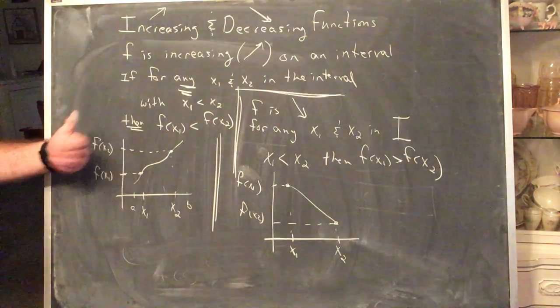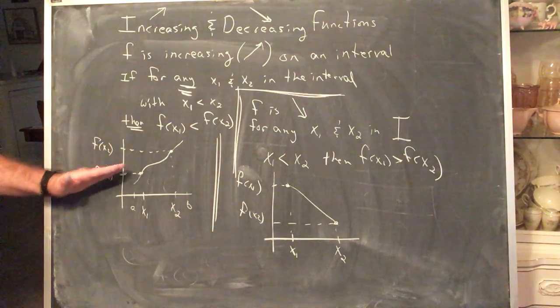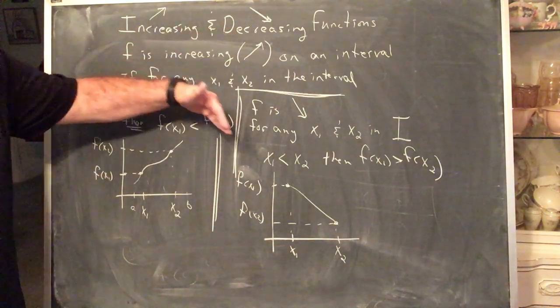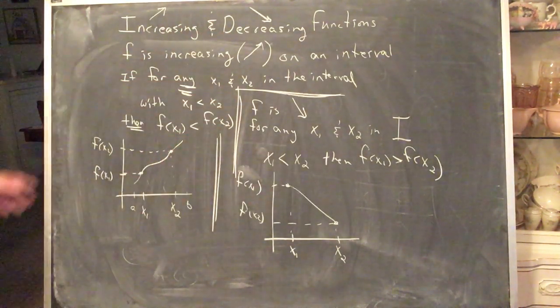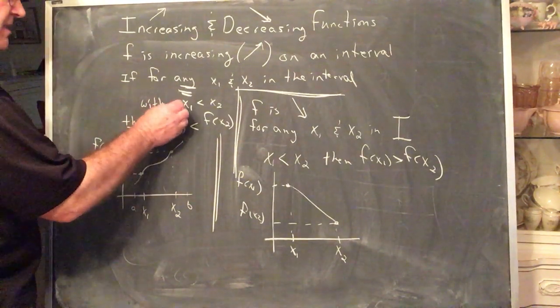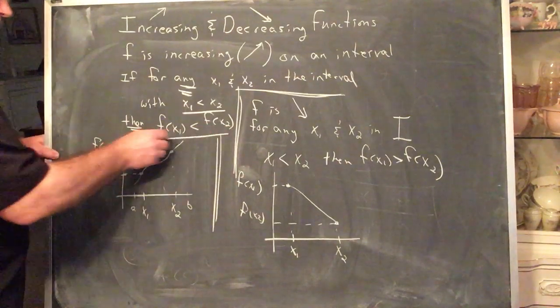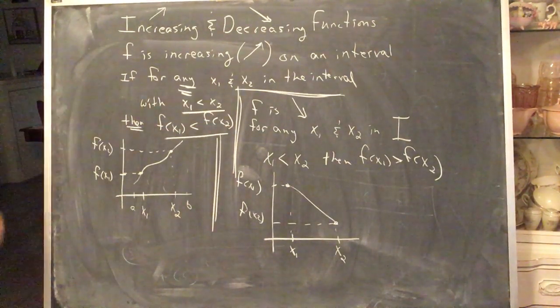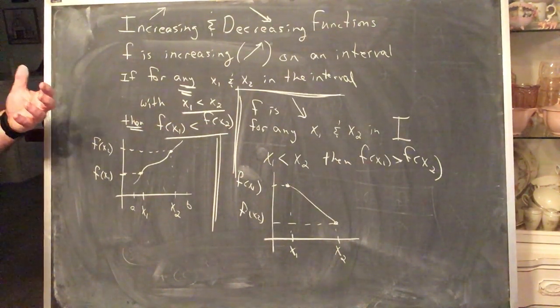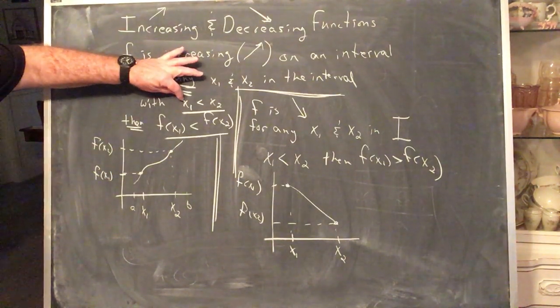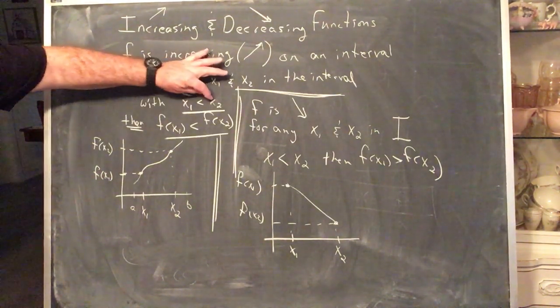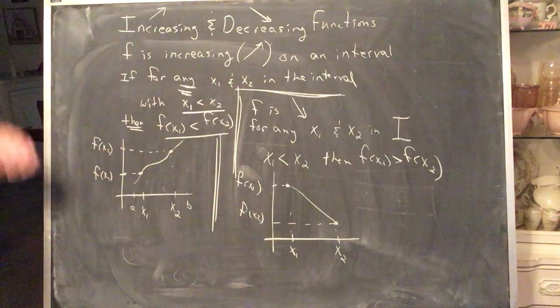So it matches our intuition. Increasing means the curve is going uphill. Decreasing means the curve is going downhill. Now, this official mathematics says x1 less than x2 implies f of x1 less than f of x2. In a little more friendly language, small x's go to small y's, large x's go to large y's.